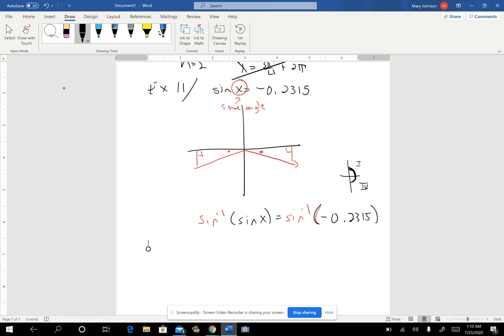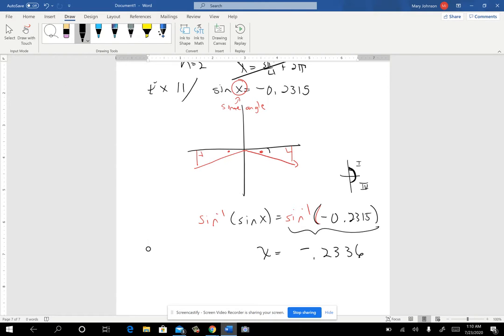When I do sine inverse of negative 0.2315, I get another number, and what I get right here is a negative 0.2336. But that's an angle. That's an X in radians.